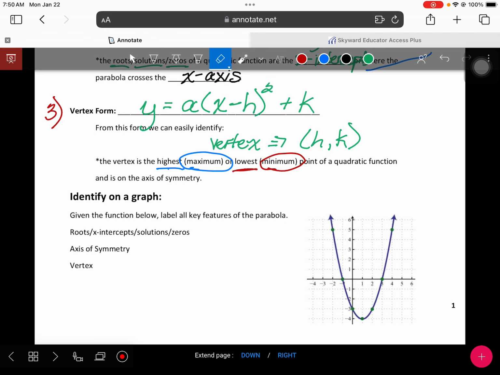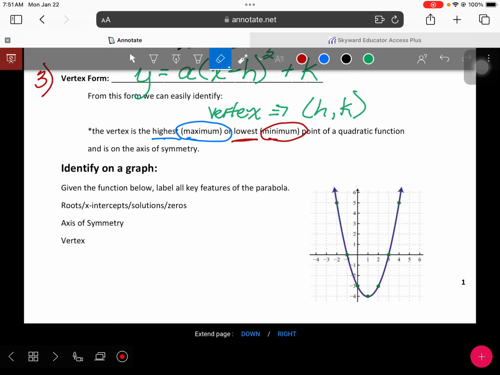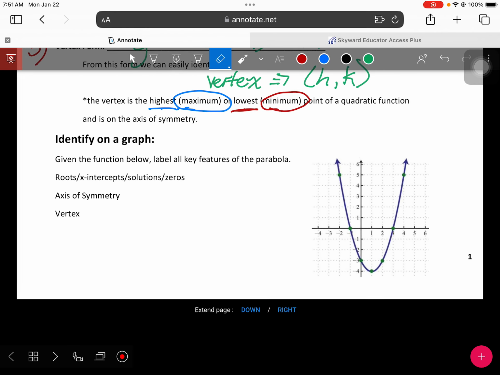So if I have my graph going like this, and here's the bottom of the U right here, that's going to be the minimum because it's at the very bottom. Okay? If I have a graph that goes like this, then the vertex is going to be the maximum. We're at the top. Okay? We might have to do some exercises tomorrow. Show me a vertex that has a maximum. No? Okay. All right.